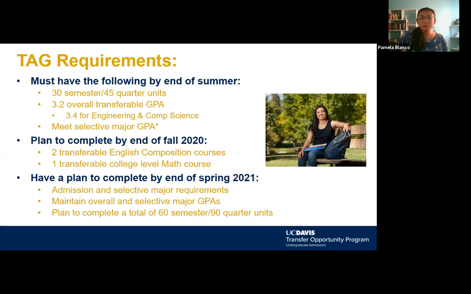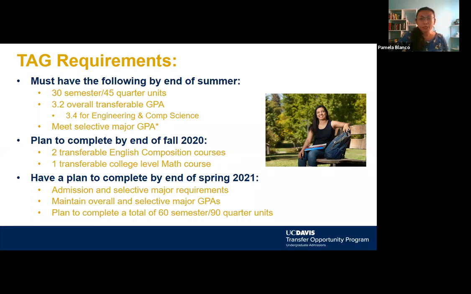And if you are in a selective major, we're also going to look for specific GPA for the required courses for your selective major. And additionally, we want students to complete by the end of fall 2020, this upcoming fall semester, your 2 English composition courses and your 1 transferable math course, and they have to be completed with C's or better.